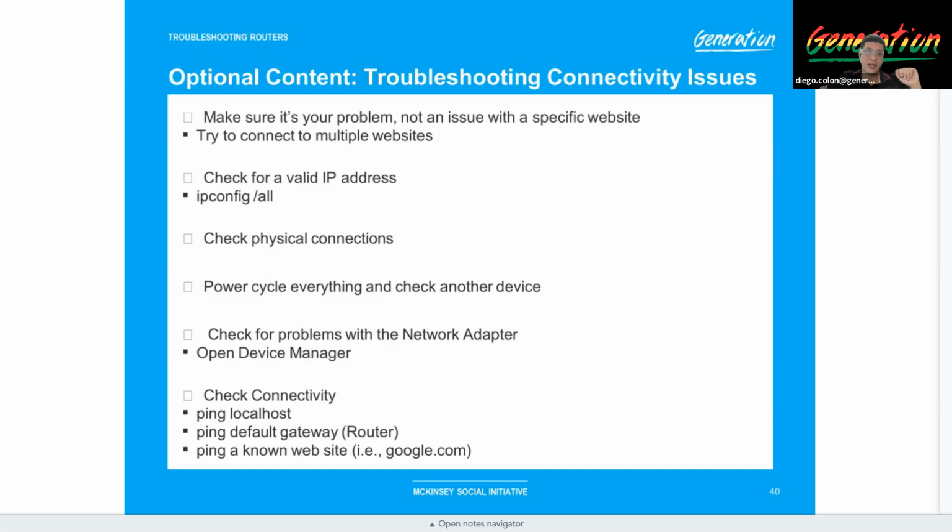I can ping 8.8.8.8. That's the Google DNS server, guaranteed to be up 24/7, 365 days a year. Therefore, if that guy is down, you are most likely the one down.